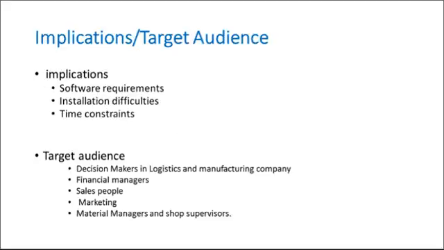What are the implications and targeted audience? For the implications, I think of the software requirements. Some software might require more space, especially for the data warehouse. That might be an issue.